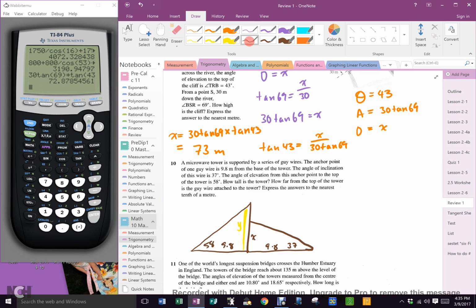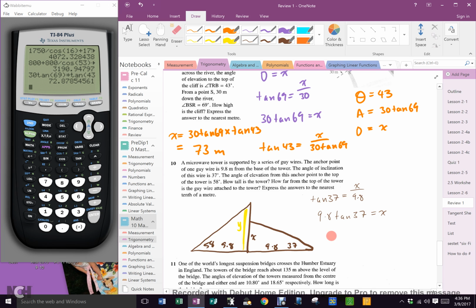So the first one I'm going to do is x. This is opposite and adjacent, right? So tan 37 equals x over 9.8. So 9.8 tan 37 equals x.